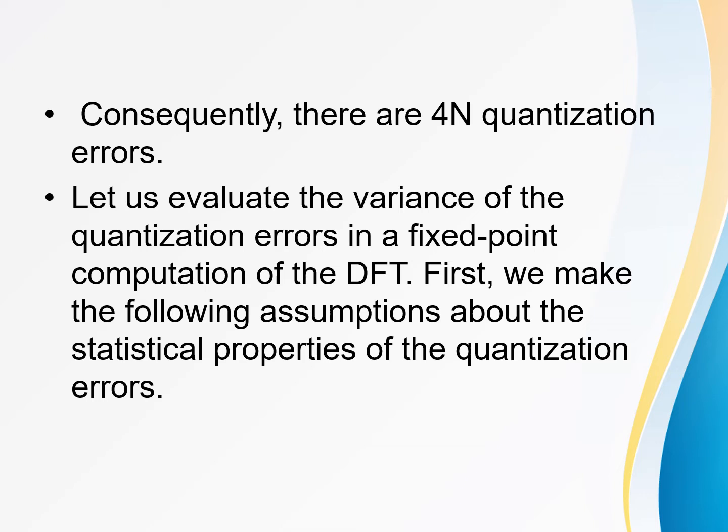Let us evaluate the variance of the quantization errors in a fixed point computation of the DFT. First, we make the following assumptions about the statistical properties of the quantization errors.